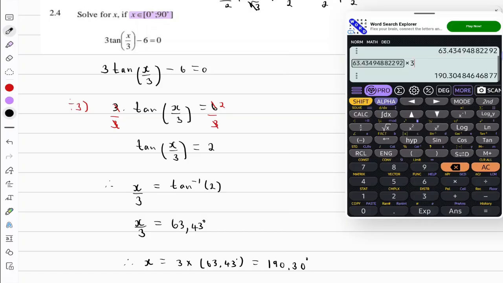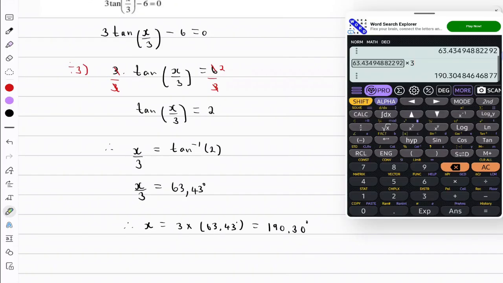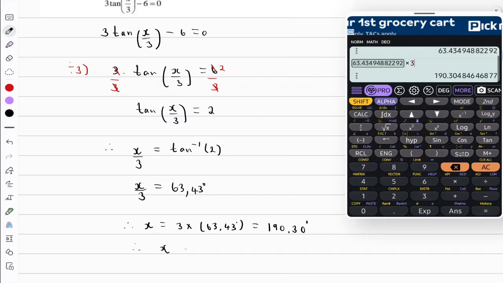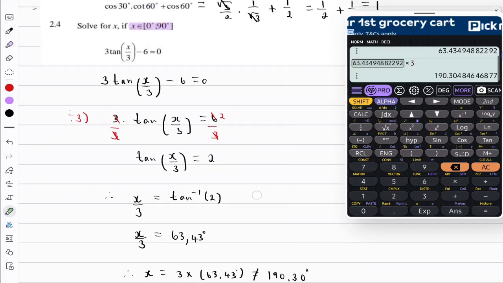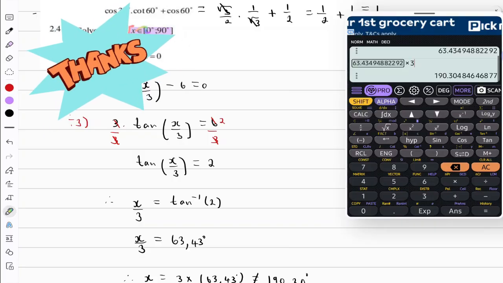But remember, x needs to be between 0 and 90 degrees. So because of that, we say therefore x has no solution. For the above, x cannot be equal to the given angle, because x as a domain needs to lie between 0 and 90 degrees.